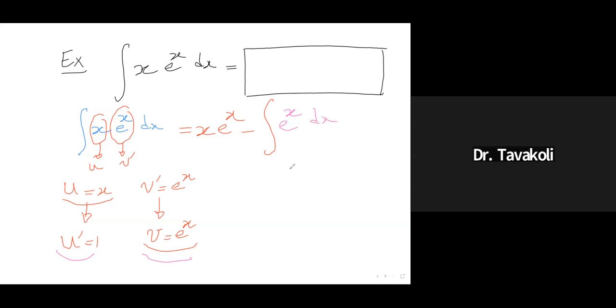The antiderivative of e to the power of x is itself e to the power of x, and of course a plus c at the end that we keep for indefinite integrals. So the final answer is going to be x e to the power of x minus e to the power of x plus c. Let me repeat this final answer here, x times e to the power of x minus e to the power of x plus c.